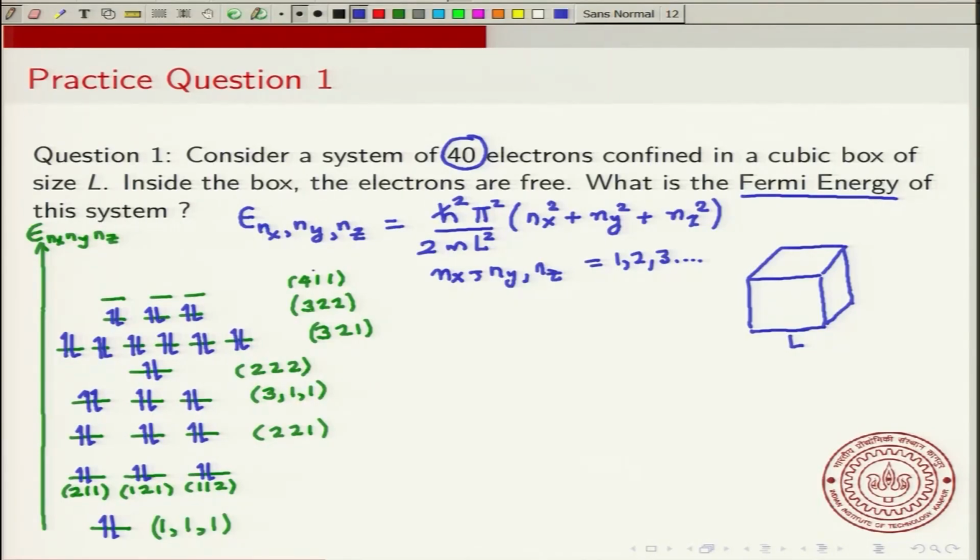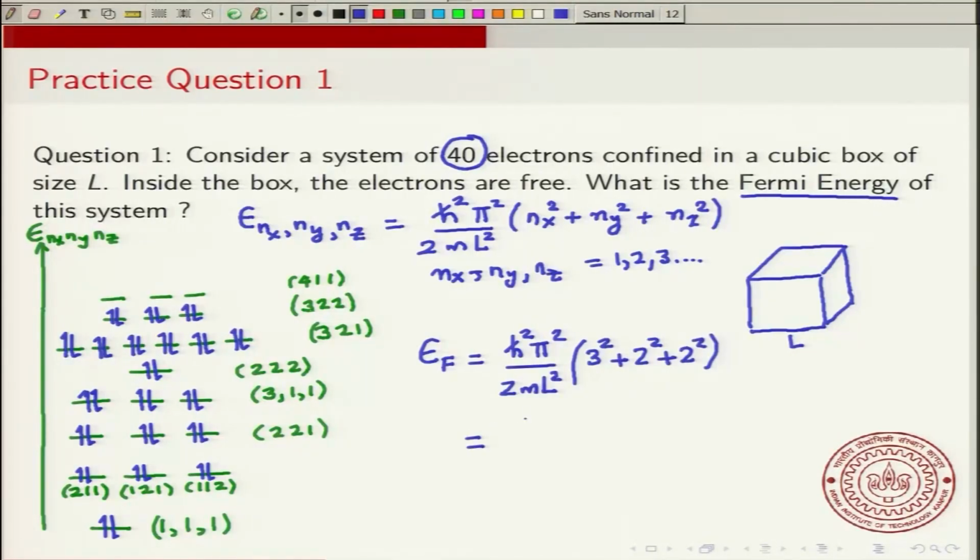So at low temperature, okay, this is the lowest energy state. Okay, only the lowest energy state will be seen. At higher temperatures, you will also have states where some of the electrons are excited. So the Fermi energy is equal to h cross square pi square by 2 m l square, and then you have 3 square plus 2 square plus 2 square.